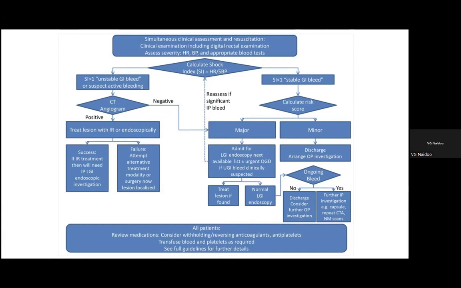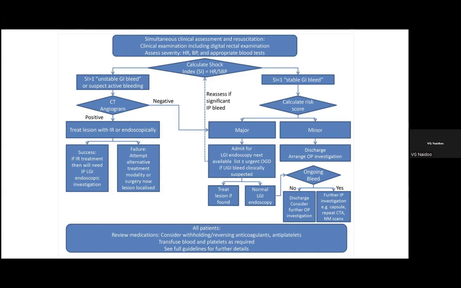Now, on occasion, and hopefully this only happens rarely, you will have someone refer to you for a lower GI bleed that has probably been in and out of hospital, or at another hospital, and has been referred to your hospital or to you as a gastroenterologist, where the etiology is unclear.